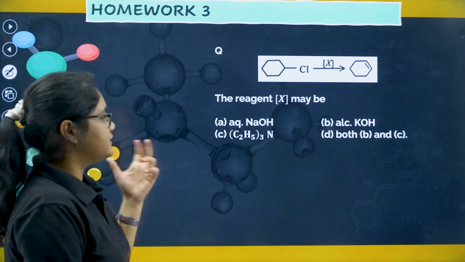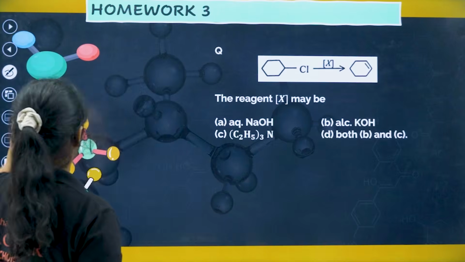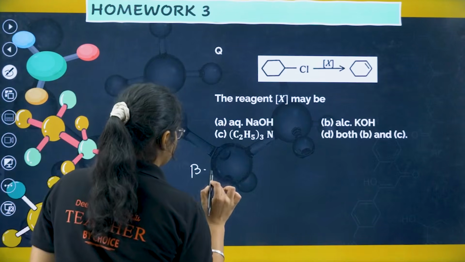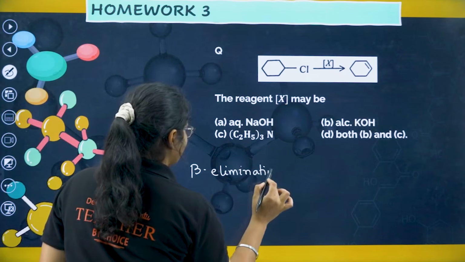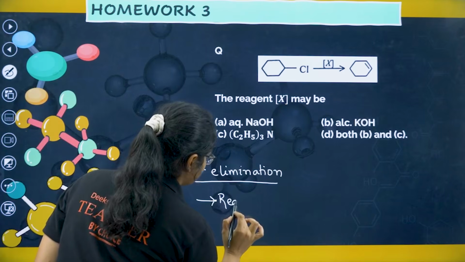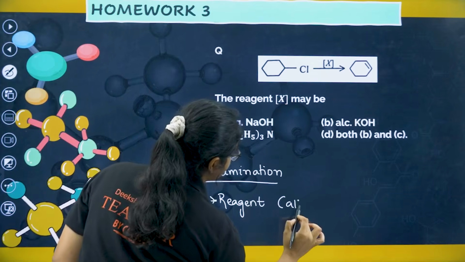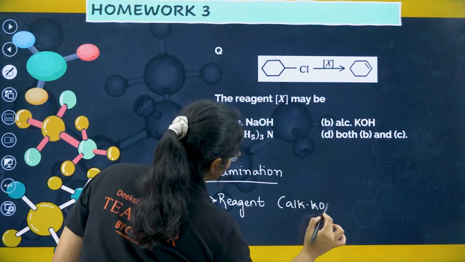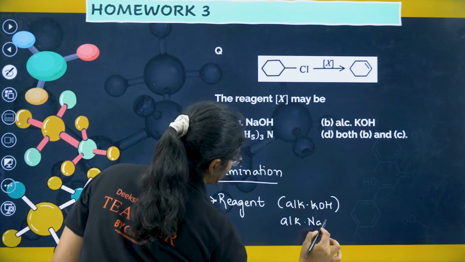Okay, next, this question I think I haven't discussed, or I am not very sure, but I'll tell you. We have talked about beta elimination, right? And for beta elimination, I forgot to tell you about the reagent, which reagent we can use. For the reagent it is always alcoholic KOH, or you can use alcoholic NaOH.